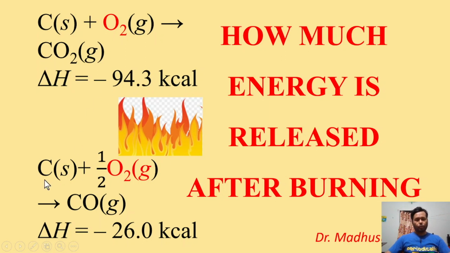On the other hand, when carbon is burned in half mole of oxygen, it produces carbon monoxide and the change in enthalpy or heat is around minus 26.0 kilocalorie. From these two reactions, later we will discuss which one will be considered as heat of combustion and which one is not. So let us move to the topic.